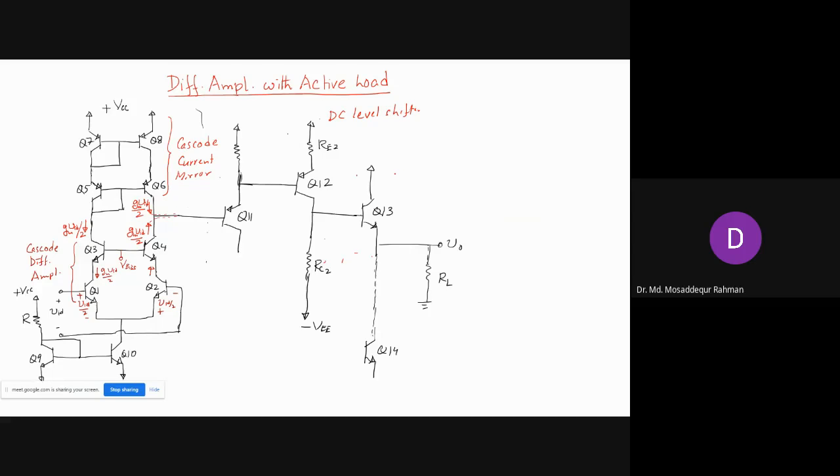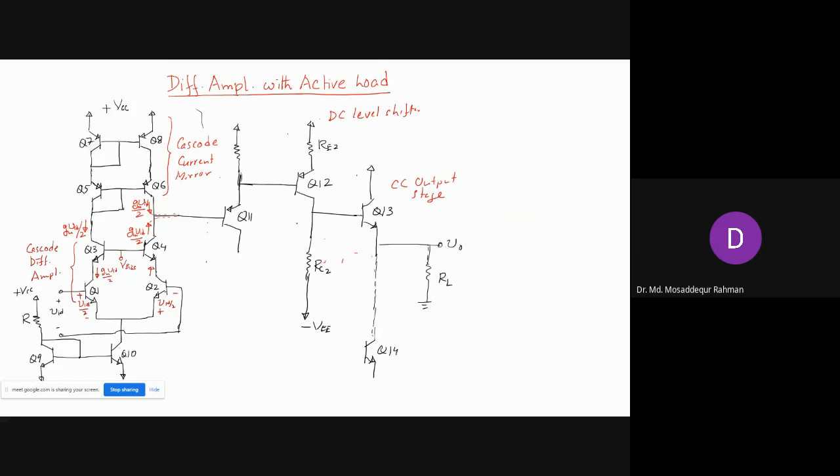And Q13, so Q13 looks normal, common collector output stage, right?